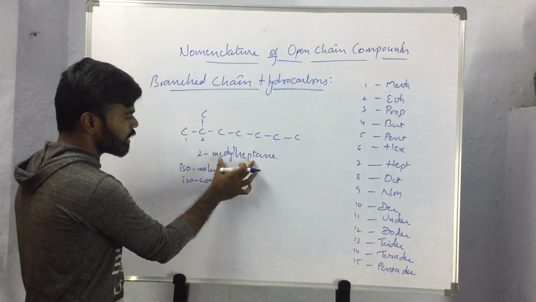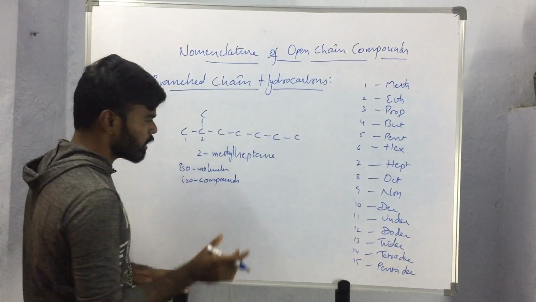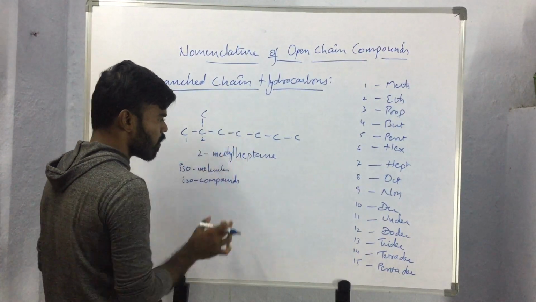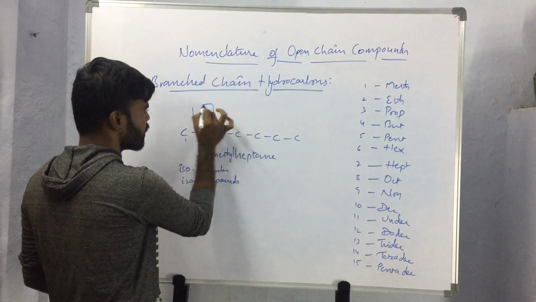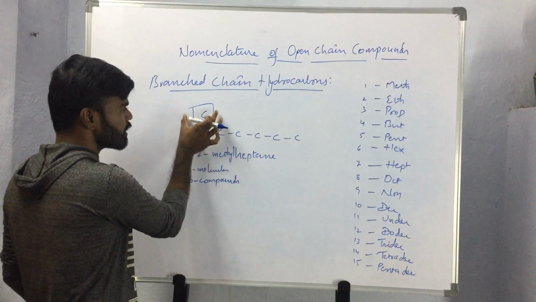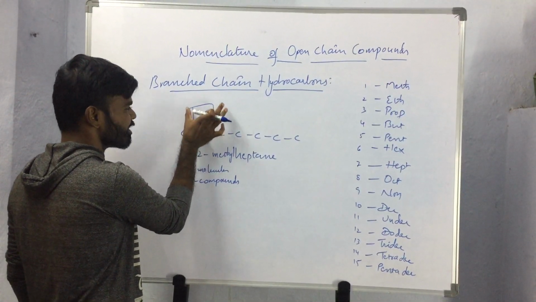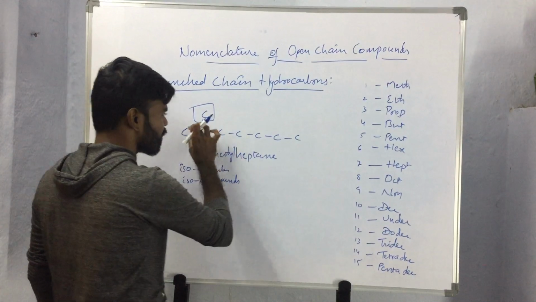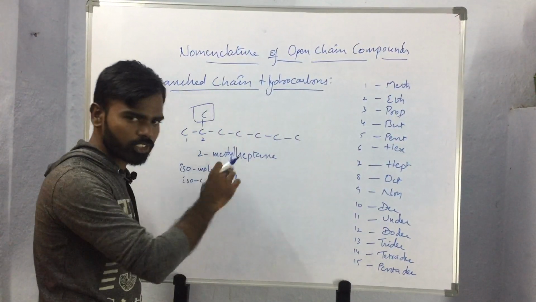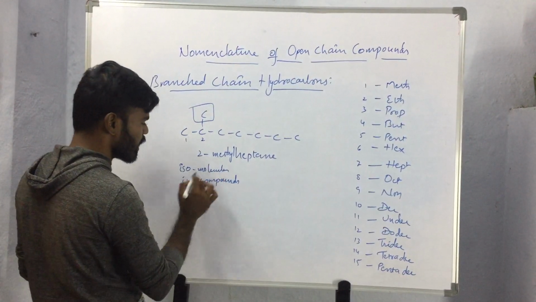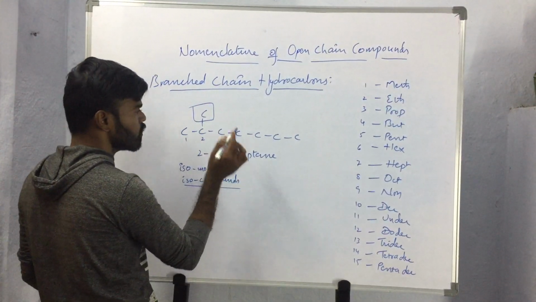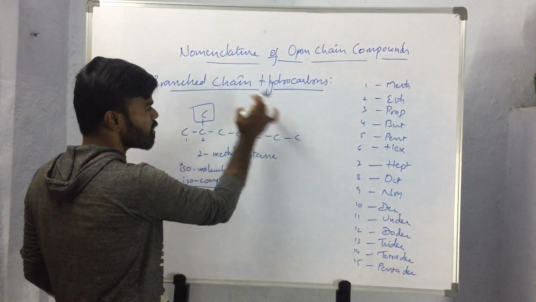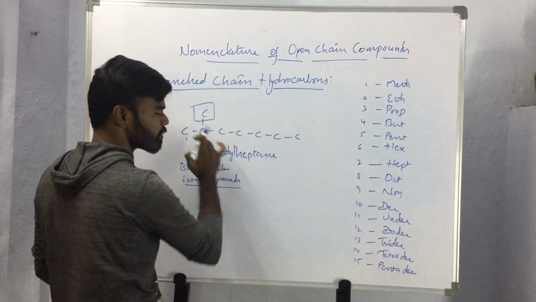So while giving the systemic name to this compound, we are considering this as the side chain, and we are not including the number of carbon atoms present on this side chain with the parent chain. But while naming like this, we have to count the total number of carbon atoms that are present in the compound.